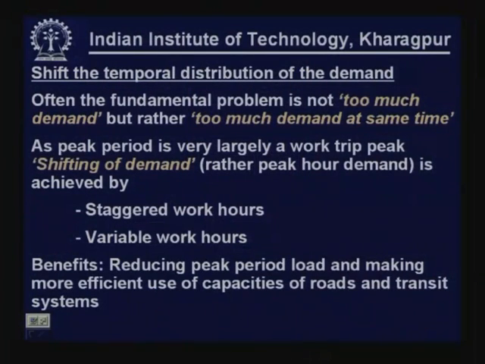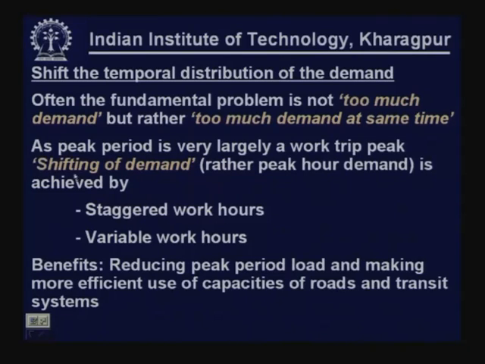So, if you consider a 24-hour span in a day, it is not that the demand is very high compared to the capacity. Rather, the problem is too much demand at the same time. So, it does make sense to influence the demand by trying to shift the temporal distribution of demand.